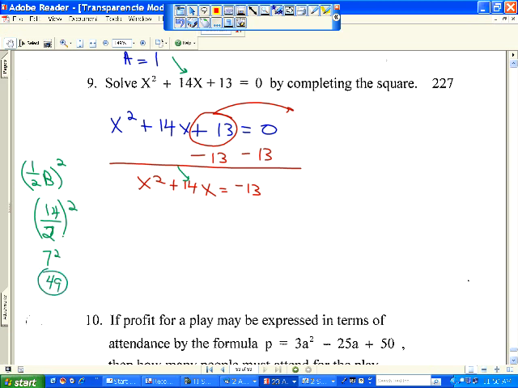And we're going to remember what half of b was because we're going to need that in a minute, right? We're going to take half of b and square it, and we're going to remember that half of b was 7.